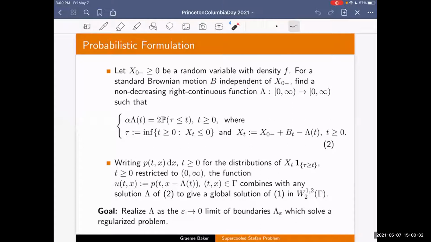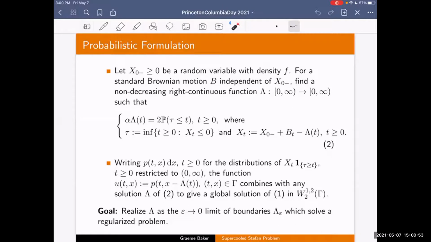And these functions, they're non-decreasing, right continuous, but they might have jumps and they might have points that are 1/2 Holder. And so the existence comes from probability theory using McKean-Vlasov limit. And then we also know things about the regularity.